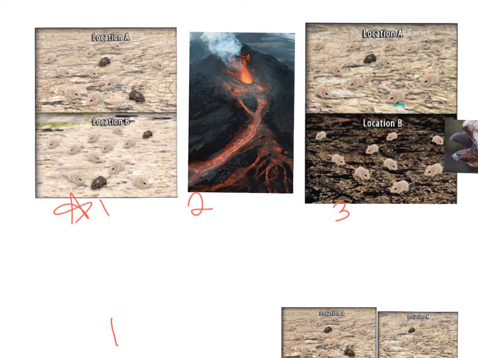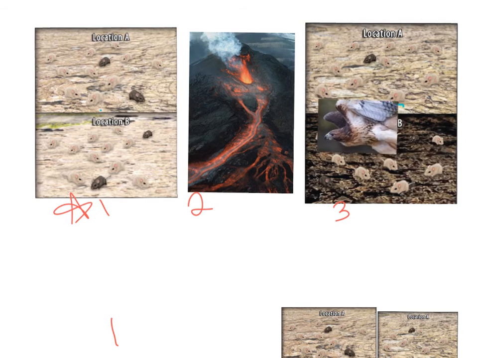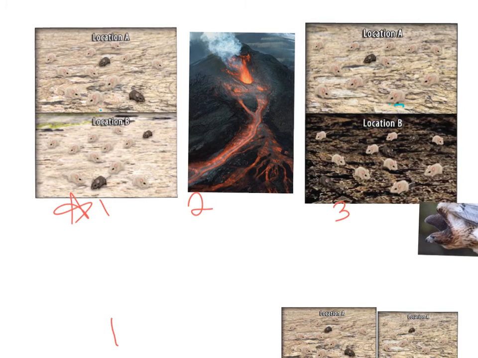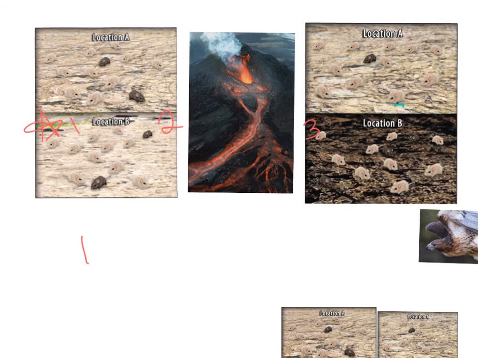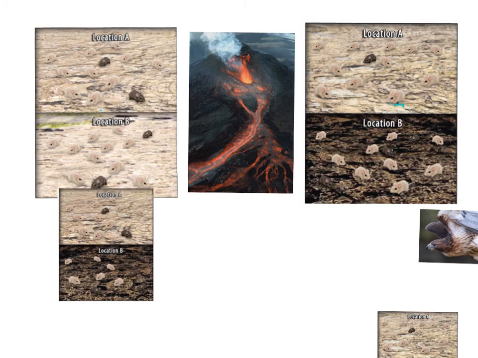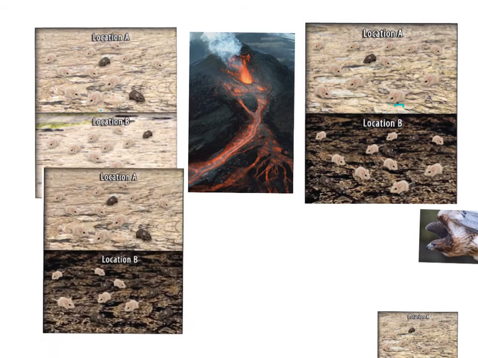So now if I'm a predator flying over location B, I'm going to see those light colored mice much easier, and I'm going to start eating those up a little faster than those dark mice because they're going to be camouflaged. So over time, what's going to happen is location B is going to have more and more dark mice.